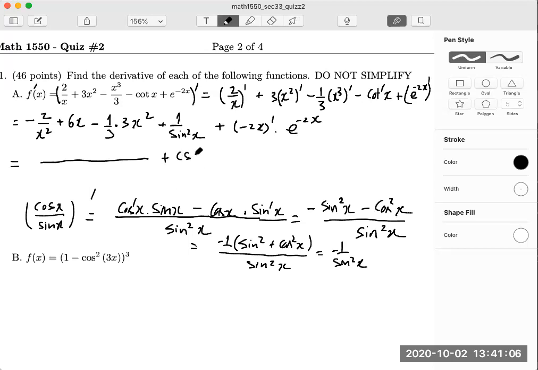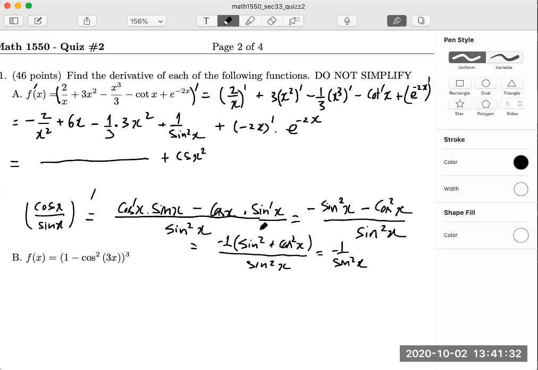Yes. I thought the derivative of cotangent was 1 over tangent. Really? Sine over cosine is tangent and cosine over sine is cotangent, right? Oh, you mean 1 plus tangent squared? Say your question again. I thought the derivative of cotangent was 1 over tangent.